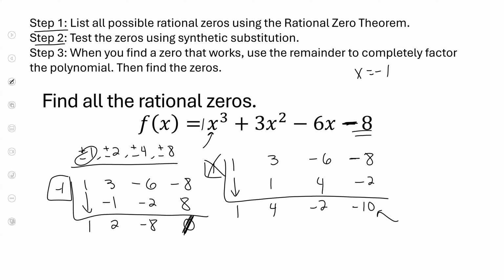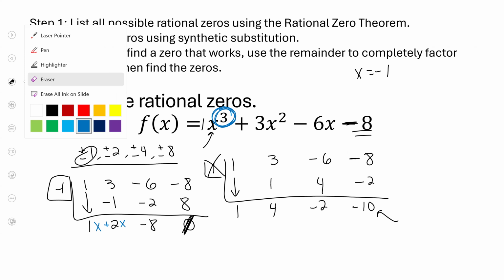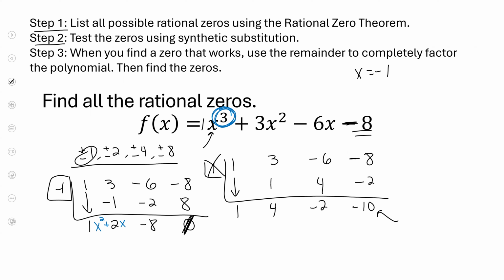Now, my goal is to reduce this down to a polynomial that I can factor. We started with the cubic. So after I did synthetic division 1 time, this is now a squared. You go 1 degree down. Now you can keep doing synthetic division here, or you can just go and factor this.